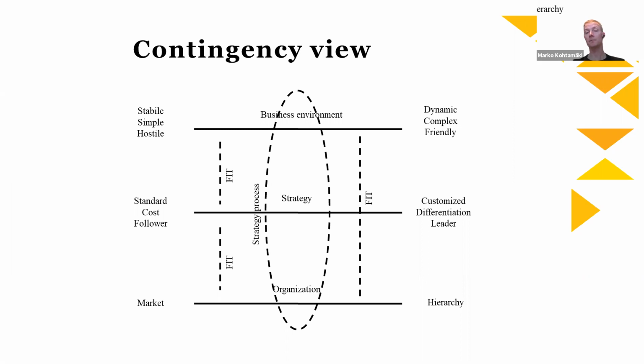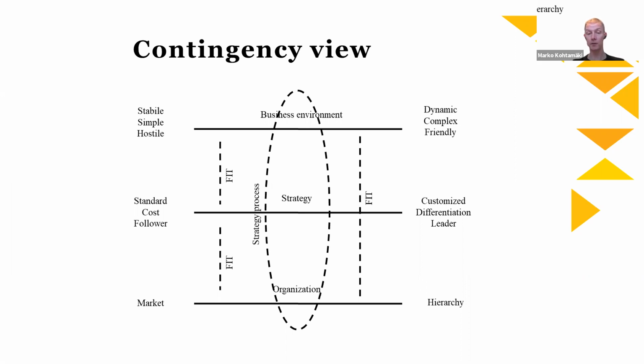So these are just two very simplistic, overly simplified examples of the fit between environment strategy and an organizational value system structure.